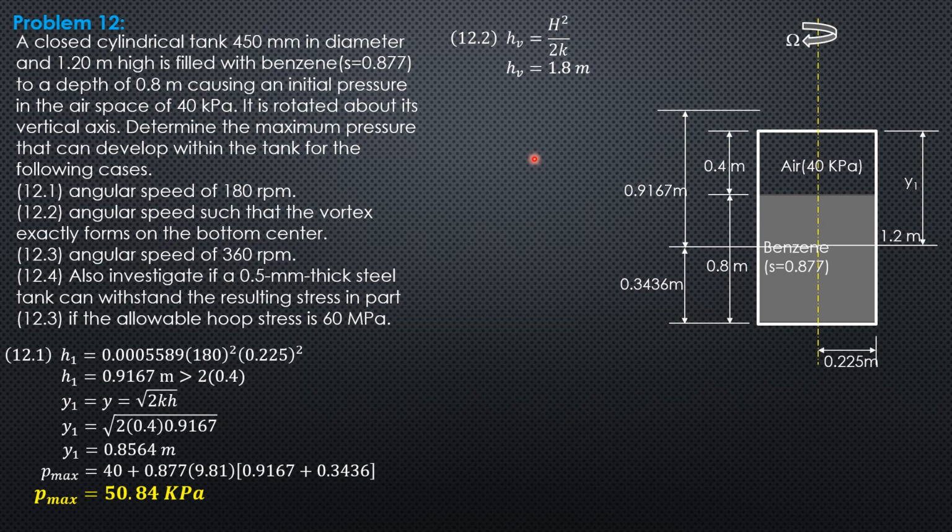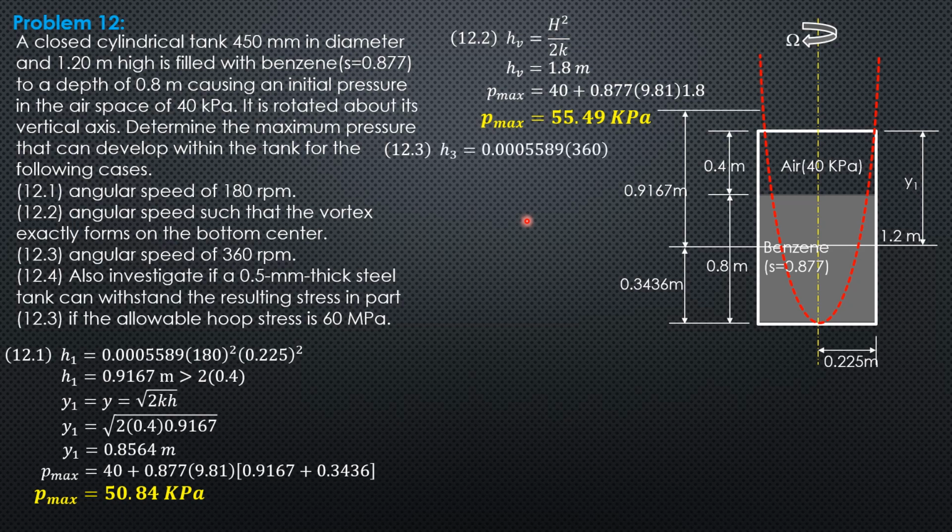So that's the value of HV. Substitute: the maximum pressure, which occurs here, is equal to 40 plus 0.877 times 9.81 times 1.8. So the maximum pressure is equal to 55.49 kilopascals.